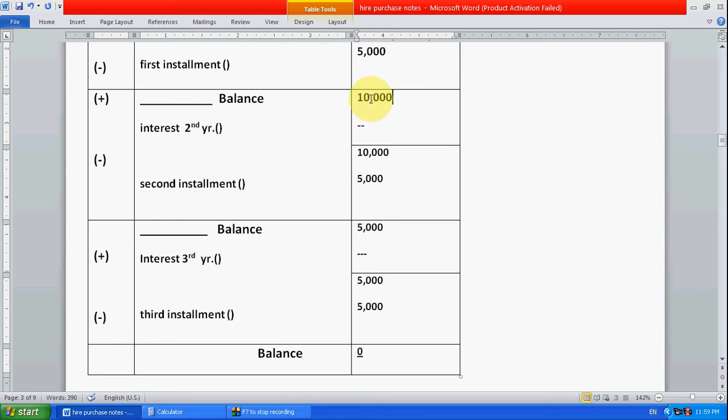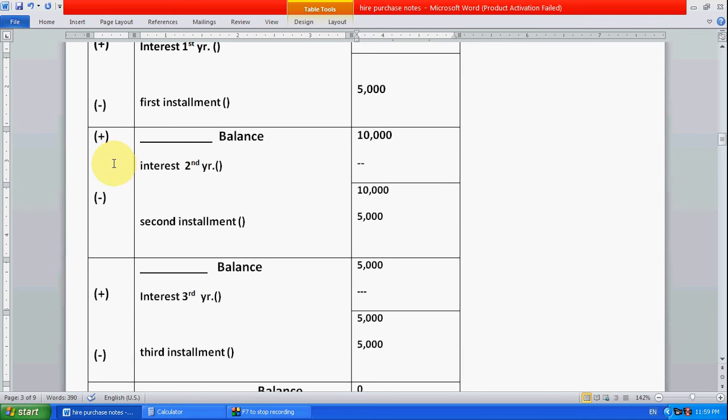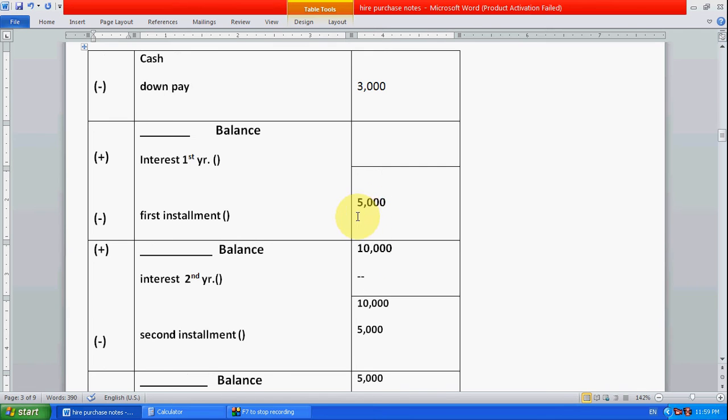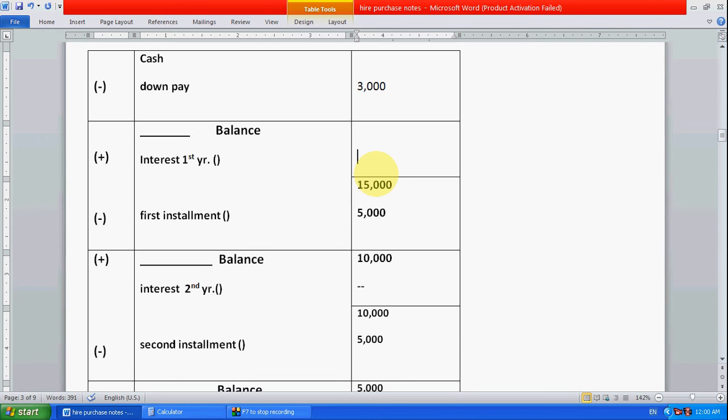How did these 10,000 come? After deducting the first installment. So before deduction it was 15,000. At that time also the interest is nil, so before interest also it was 15,000.